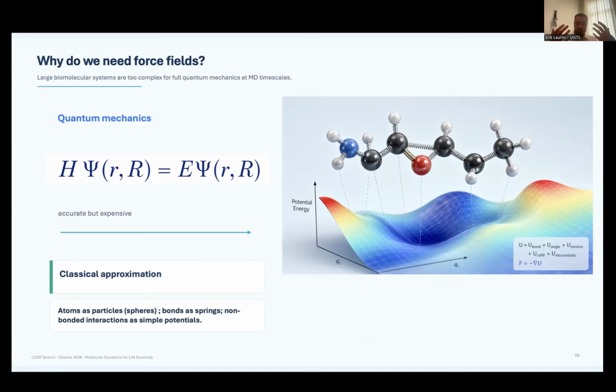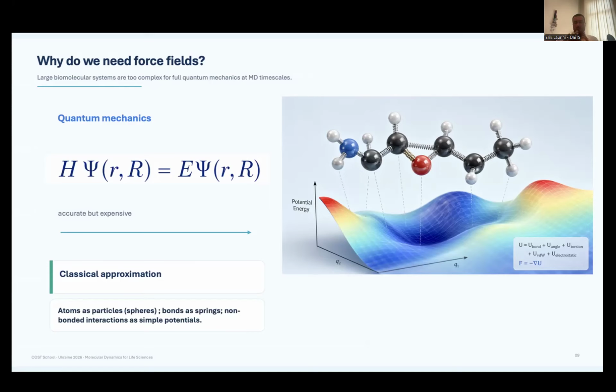And we have to make here an important conceptual approximation in which we define the atoms as particles, that is, as rigid spheres. We consider the bonds connected to each atom as springs, and we treat the non-bonding interaction, the interaction between the non-bonded atoms, with simple potentials.